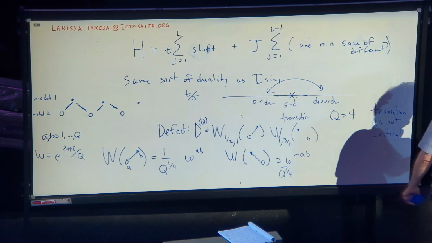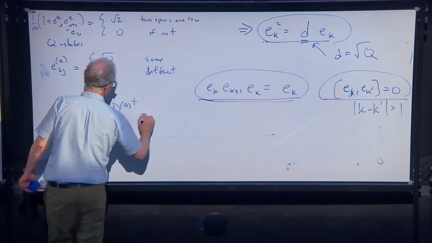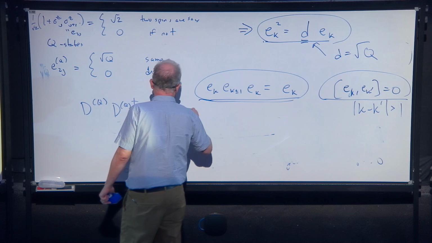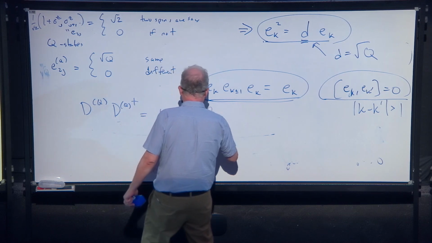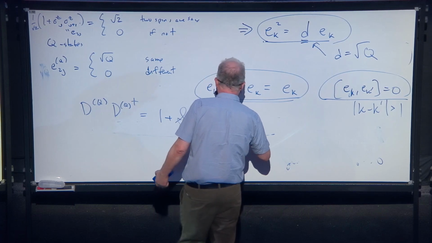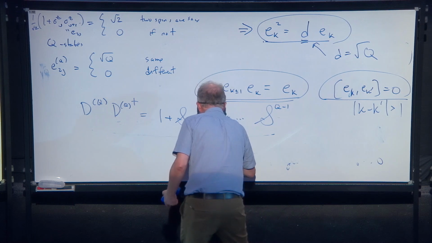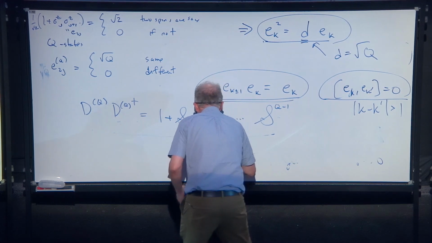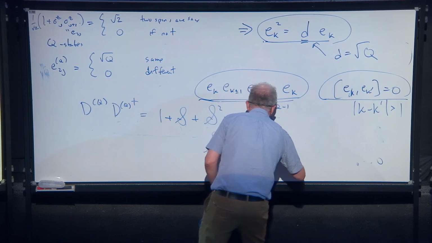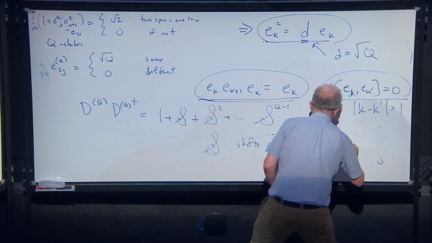And so then you see D_Q dagger equals not just 1 plus flip, but you get 1 plus the shift operator, where this one shifts all spins by 1 cyclically.